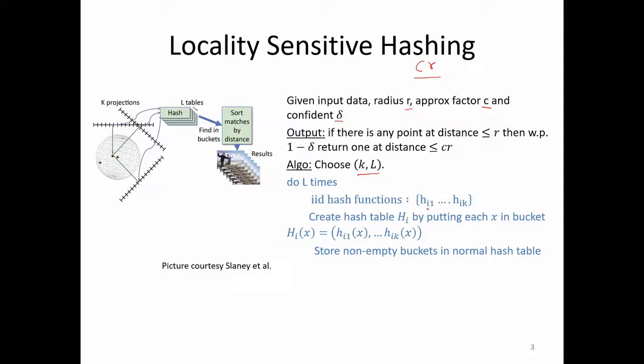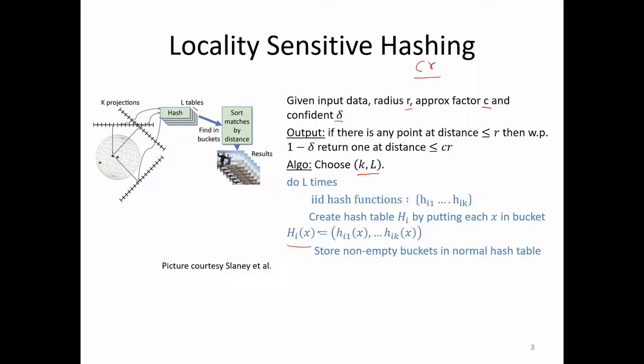Okay, and then you call this capital H_i. Okay, and you have this H_i(x), which is like a vector of hash buckets.